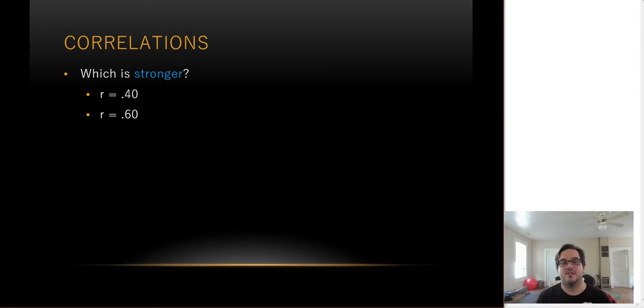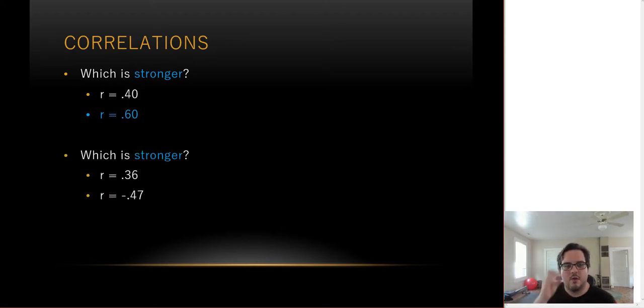That is, one tends to predict the other more closely. Well, again, remember that the strength of the relationship is determined by the distance from 0. So which of these numbers is further from 0? 0.6, right? 0.4 is closer to 0. 0.6 is closer to 1.